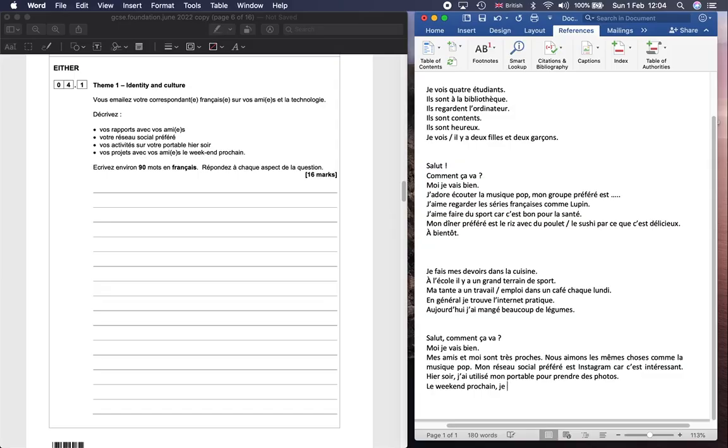So je vais aller. Let's say I am going to the cinema with my friends. Je vais aller au cinéma avec mes amis. So, le week-end prochain, je vais aller au cinéma avec mes amis.